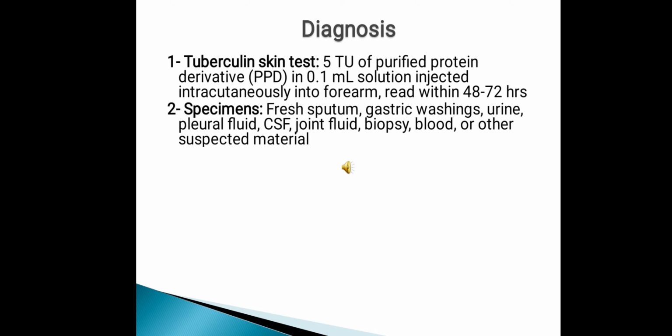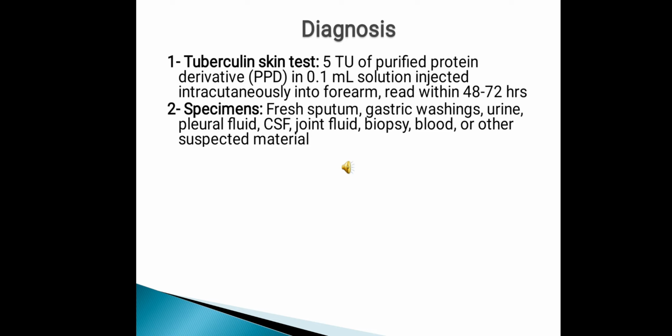The second type of diagnosis, we can diagnose the bacteria in samples, and as we know, the bacteria can cause TB in different parts of the human body. Actually, it starts by inhalation through the lung or respiratory tract, then it can be disseminated to other organs.